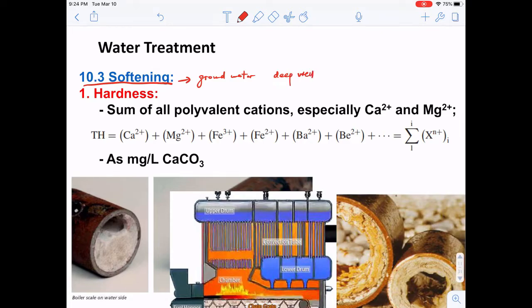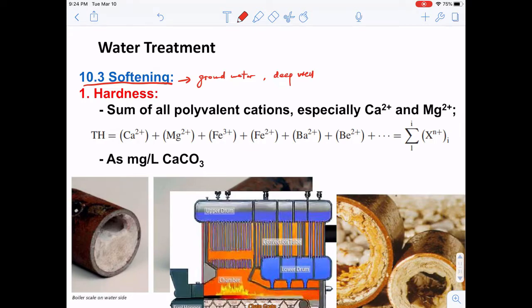This is mainly because water from deep wells or groundwater is typically relatively clear or clean, and doesn't contain colloids, or we can just use a simple filter to get rid of those colloids. But the main issue for the water is the metal ions.